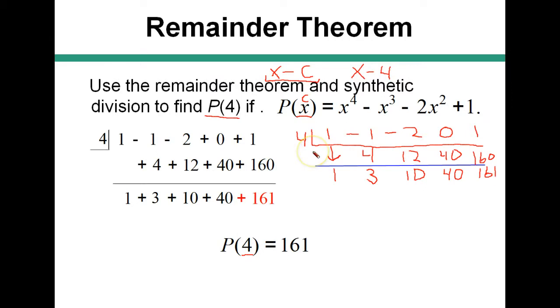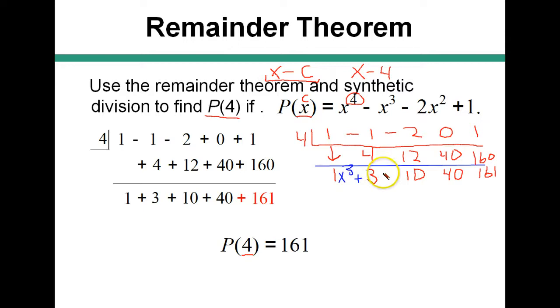Now, what do we have here? Well, this expression is to the 4th degree. So what we have to do, in a sense, is this answer would be x to the 3rd, 1 degree less.